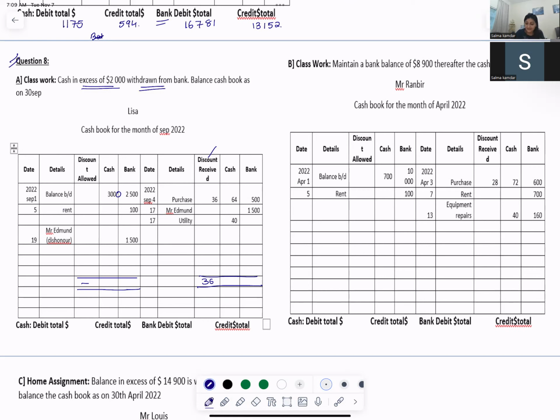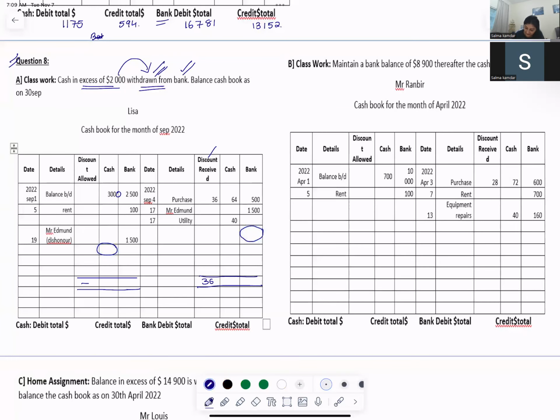So anything that is more than 2,000, I am going to withdraw from the bank. It is going to go out of the bank and come in the cash.